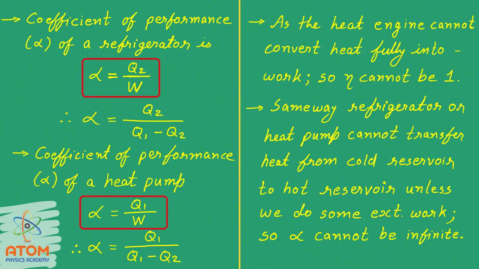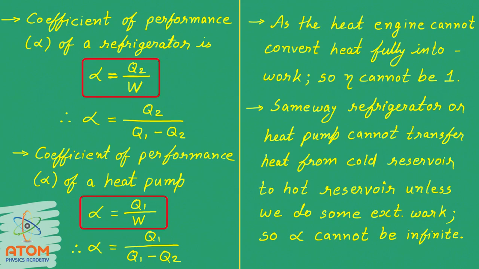Here obviously efficiency is not a parameter, but coefficient of performance alpha is a parameter. Now the coefficient of performance of a refrigerator, alpha, is equal to Q2 upon W. Mind well, Q2 is the heat absorbed from the cold reservoir and W is the external work done on the substance. Now obviously W is Q1 minus Q2, so alpha will be Q2 upon Q1 minus Q2.